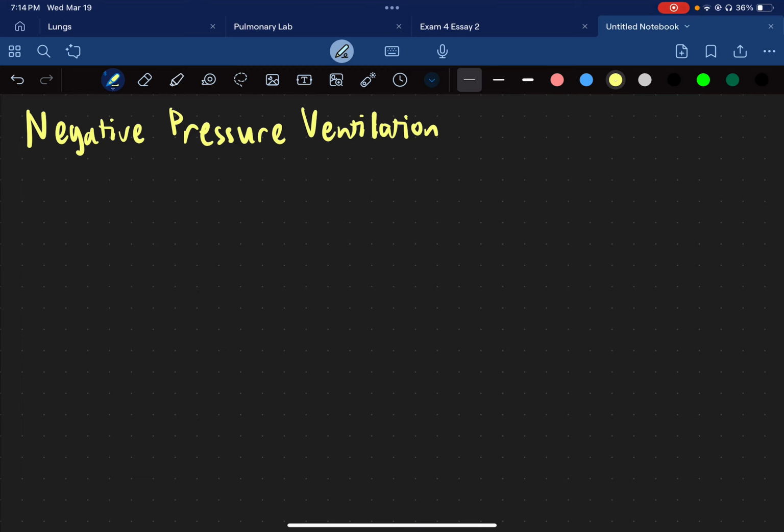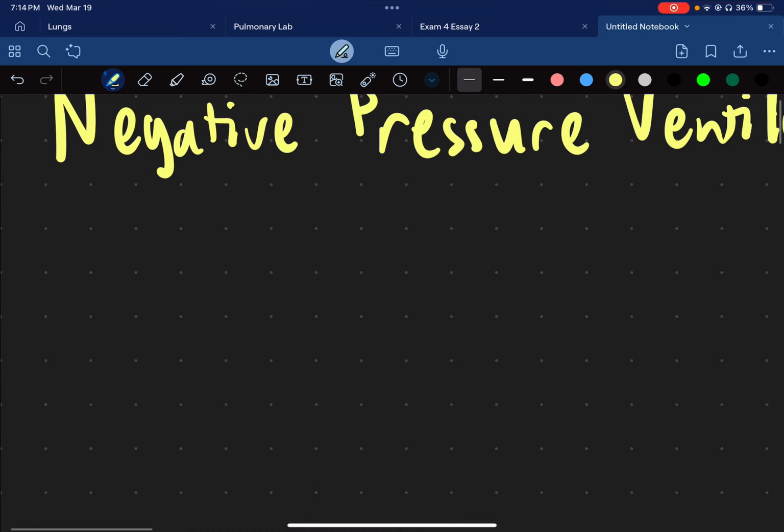We're able to ventilate with the negative pressure because the pressure is less than outside of the alveoli. That helps keep them open. So let me just demonstrate that here.